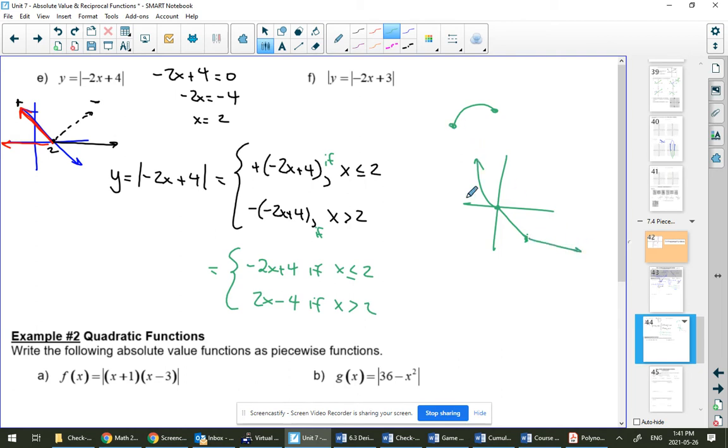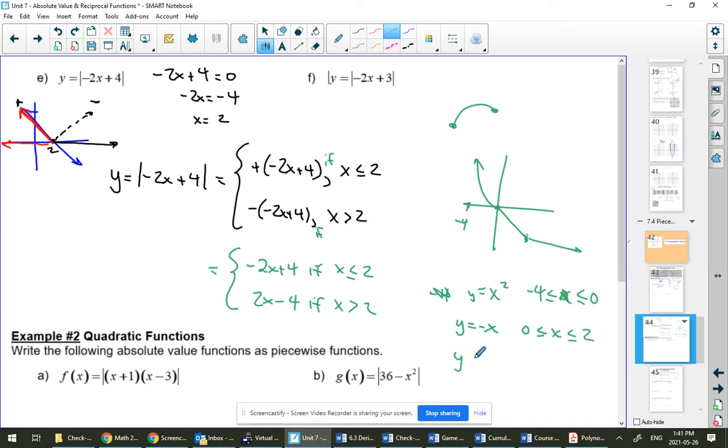So let's say this is negative 4. So it's going to be y equals x squared from negative 4 to 0, and let's say that's a closed dot. And then it would be y equals negative x from 0 to, I don't know, 2.